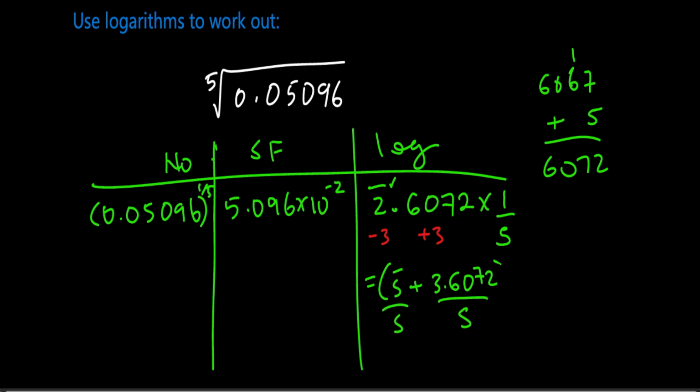The reason I'm making it bar 5 is so that the number can be divisible by 5. So obviously this is going to give you bar 1 point, and 3.7072 divided by 5 is going to give you 0.7414.